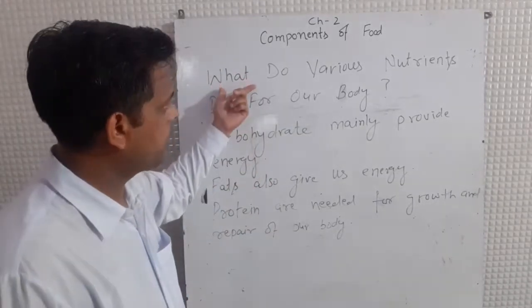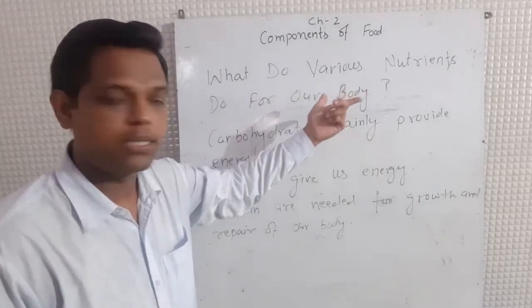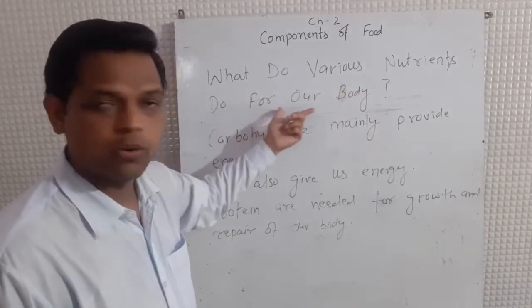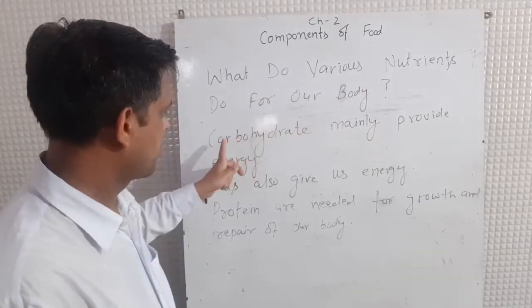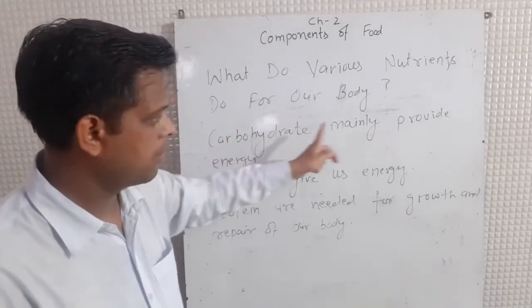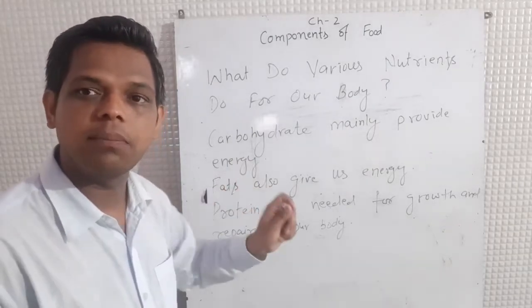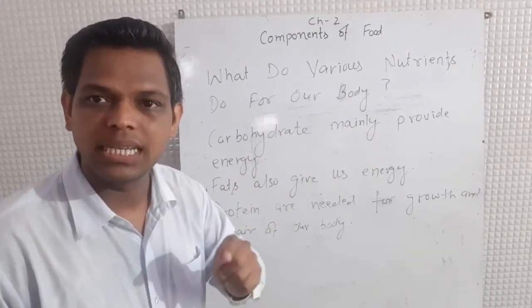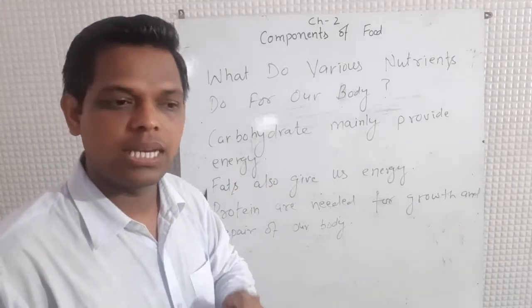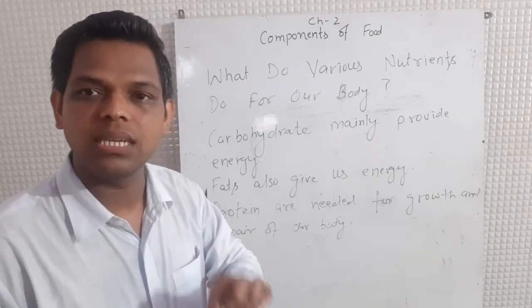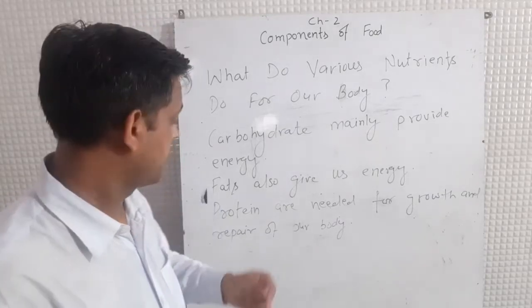Now, what do the various nutrients do for our body? Carbohydrates mainly provide us energy. Glucose is the simplest form of carbohydrate that gives us instant energy. That is why glucose is known as instant energy giving food.